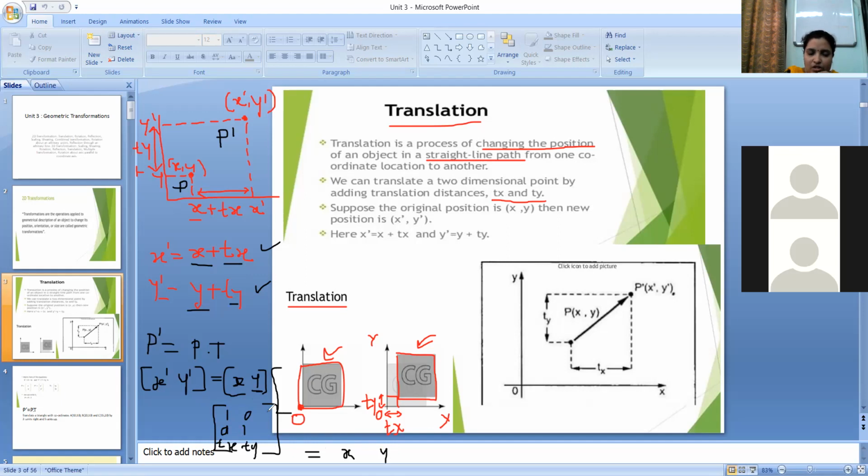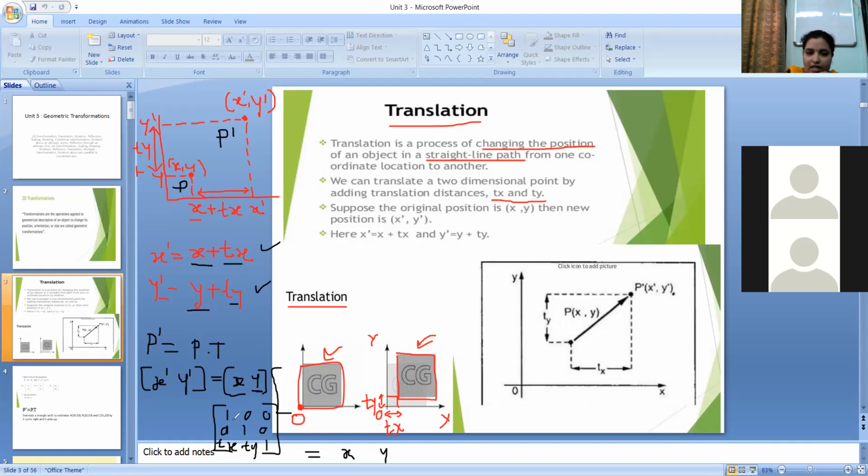And now the dimensions of this matrix will be 3 by 3. So in the identity matrix, I have inserted TX and TY so as to add the TX and TY values in X and Y respectively.